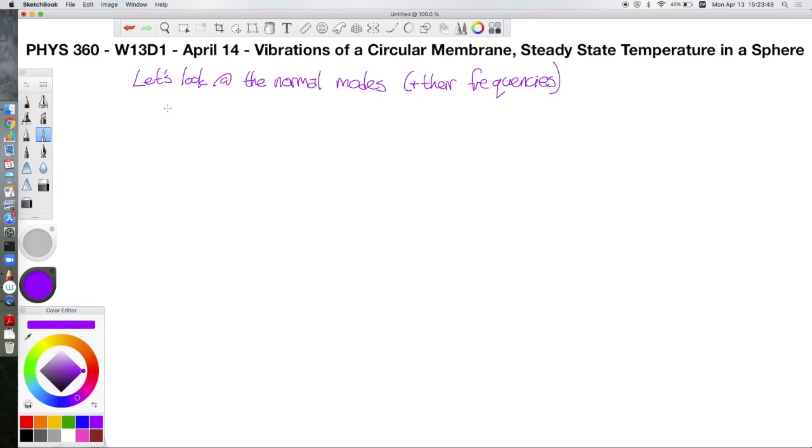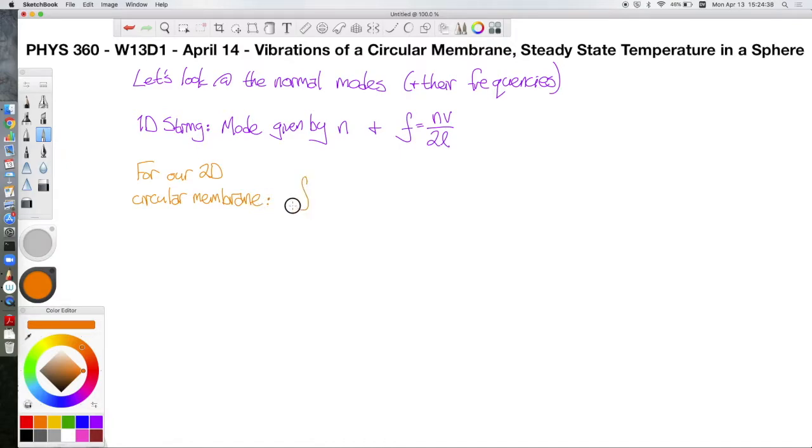So for a 1D string, we have our mode number given by n. And the frequencies related to these are given by a very simple formula, that the frequency equals the mode number times the speed at which a wave propagates on that string, divided by 2 times the length of the string. But here, we have a two-dimensional circular membrane.